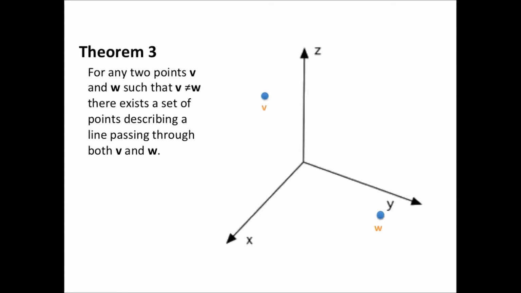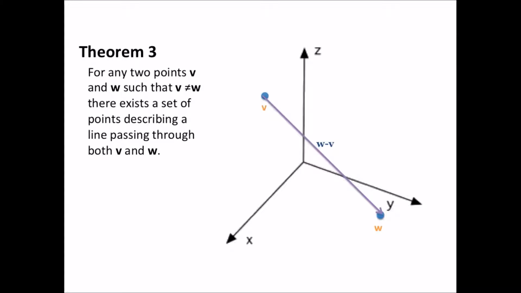Now, to get from V to W, as we established in Theorem 2, there is a unique vector w minus v. Now we have this vector w minus v when we start at v to get to w, and that connects the dots. But we need to move beyond just connecting the dots. We need to describe the line moving through these 2 points.